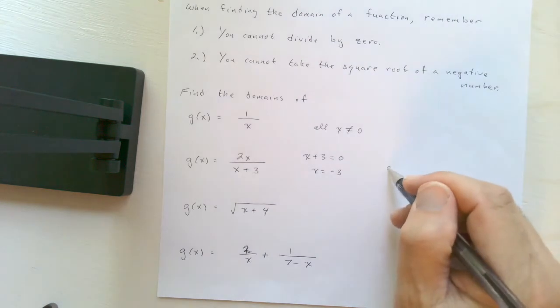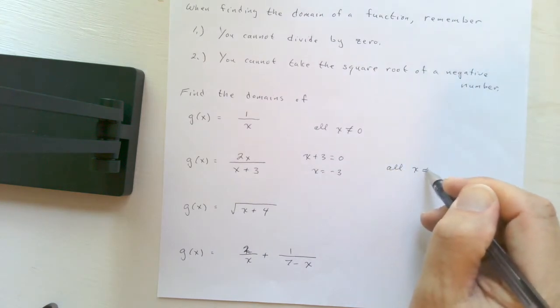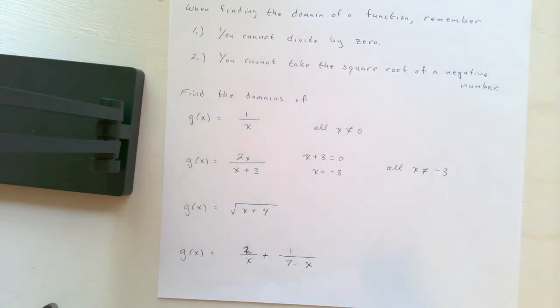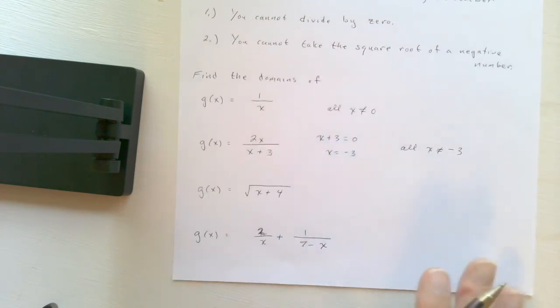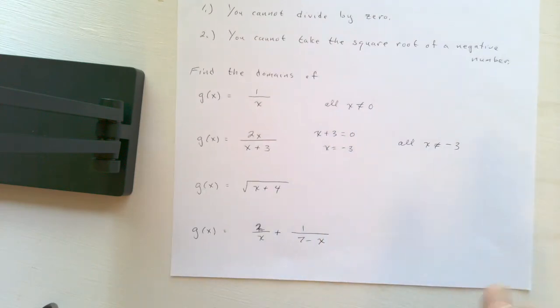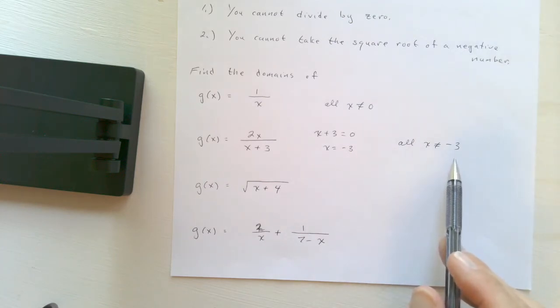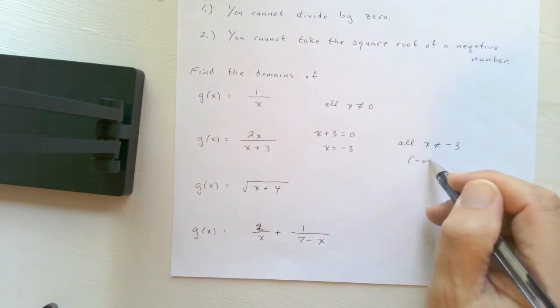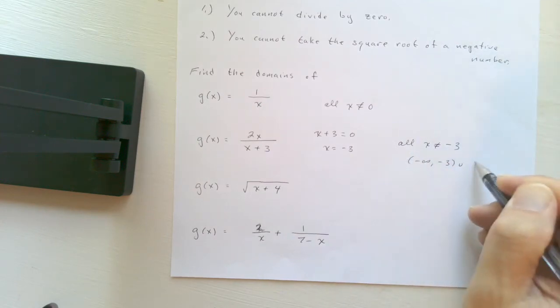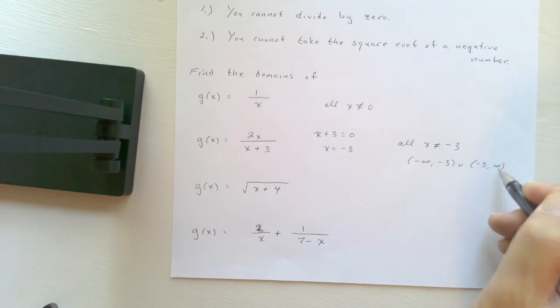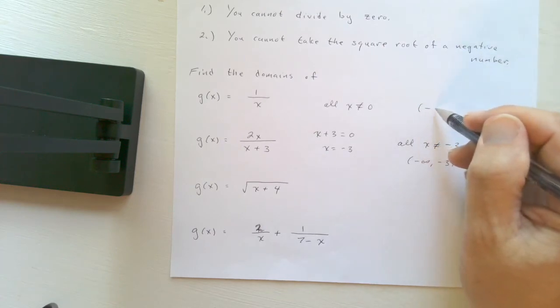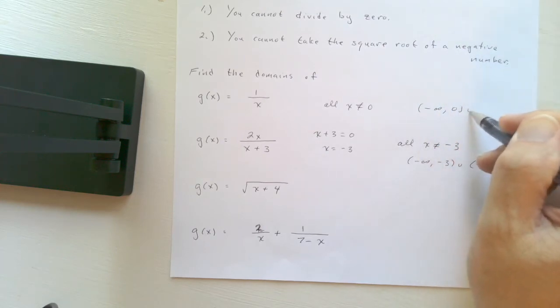So the domain would be all x not equal to negative 3. I guess you can write this in interval notation as well. This would be negative infinity to negative 3, union negative 3 to infinity.